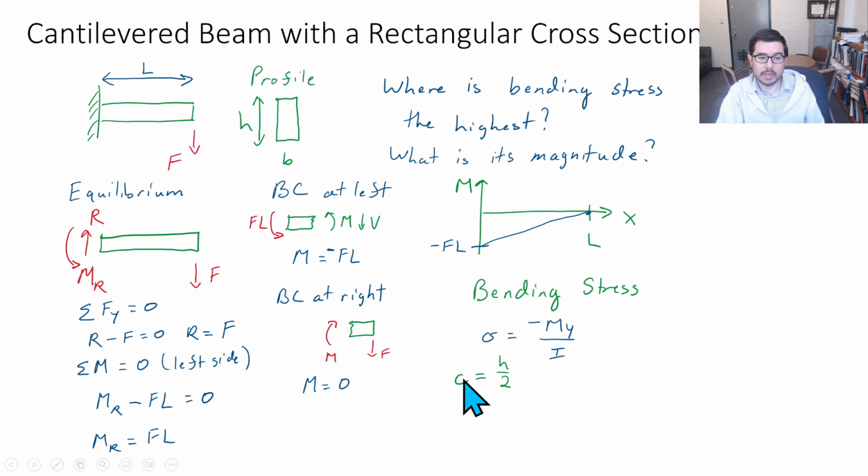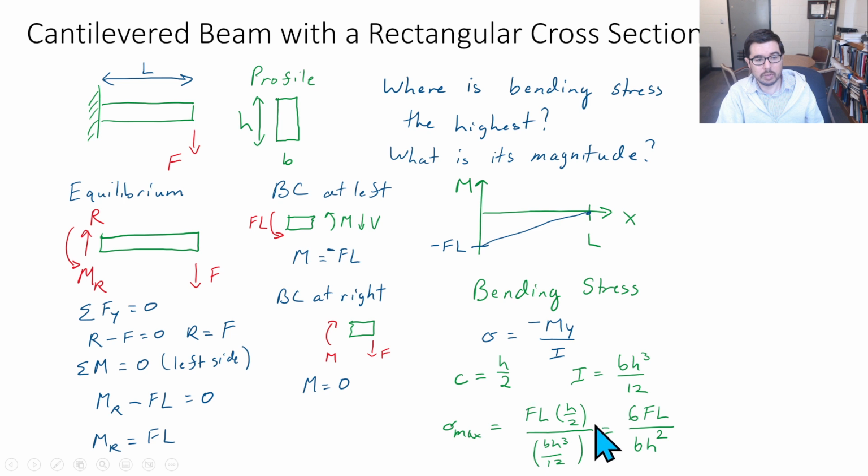So we've got c equal to h over 2, plugging c into y. We have this I, which is bh cubed over 12, and the max is going to be where we have a maximum bending moment, or a minimum, whatever, but we look at the absolute value here. So we plug in this moment minus FL, we plug in our h over 2, we plug in our I, and this is what we get.